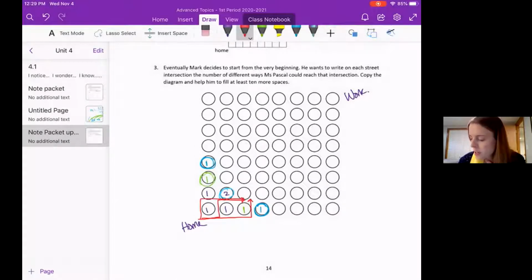So there are three different ways that you could reach this spot. You could use similar patterns and also have three ways to reach this spot. So these numbers should be seeming very familiar to you. They should seem like they're coming from places that we've talked about before.